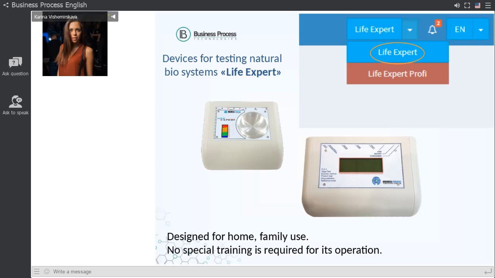Life Expert Professional has a lot of possibilities. It can be used by doctors, and rapid tests can be done by anybody. If you want to do the rapid test, you won't be able to read all the information without training, without reading the manuals. In Life Expert mode, the difference is that you don't need to be trained. No training is required.